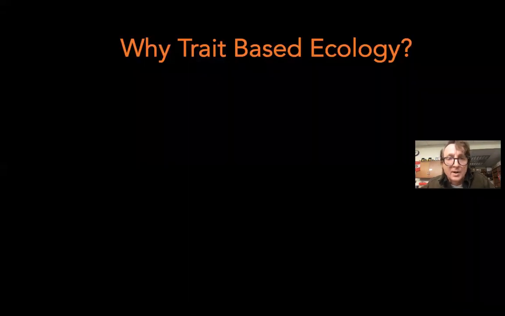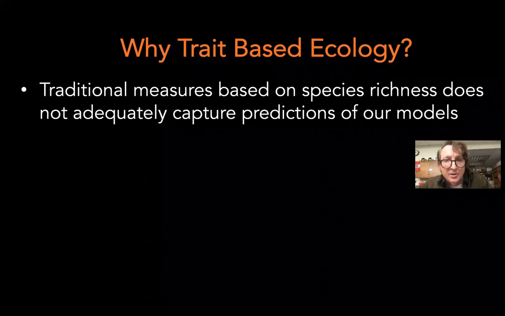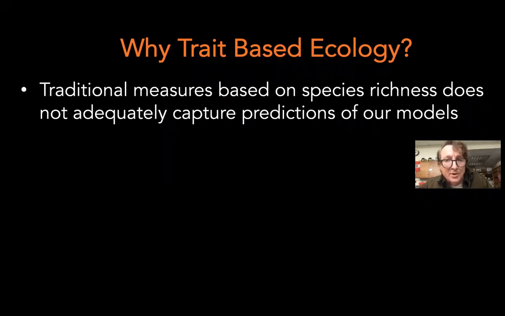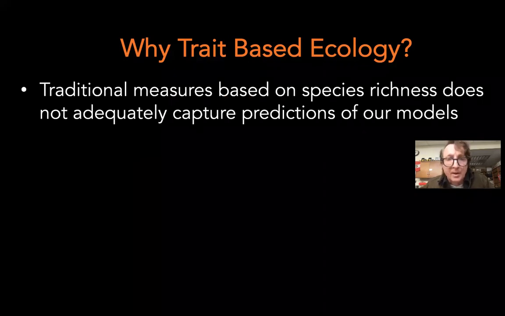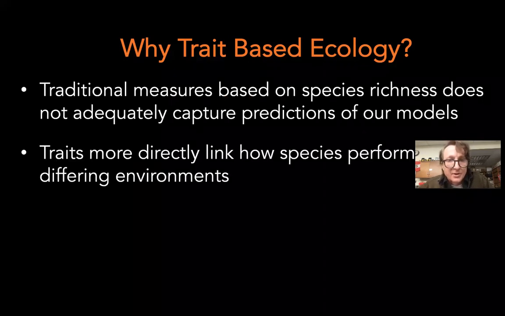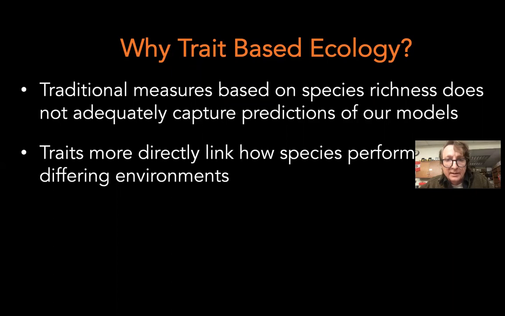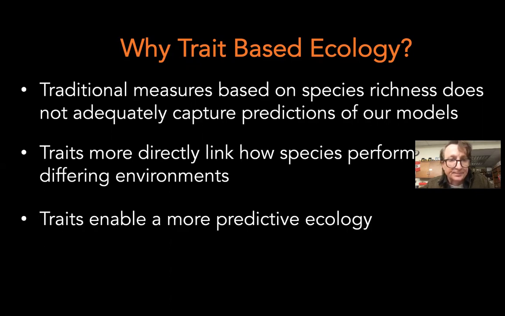All right, so why trait-based ecology? Traditional measures based on species richness don't adequately capture the predictions that are needed within our models, or what we want to predict about the future. Traits enable us to directly link how species perform in different environments. We want to know how well different species will perform in different temperatures or different precipitation regimes, or in the presence or absence of fire.